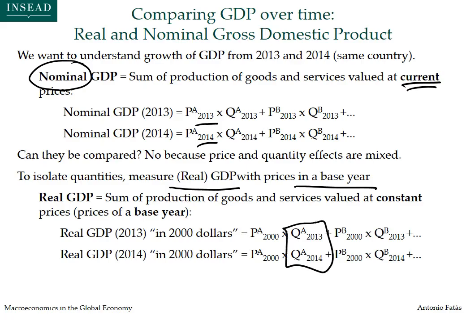We'll have the quantities in 2013 and 2014, but now we're going to use these identical prices in a base year, let's say 2000, to compute the value of those quantities. That says that whatever variation we see between 2013 and 2014 is entirely due to changes in quantity. Now, that's a much more accurate measure of economic activity because it hides the changes in prices.